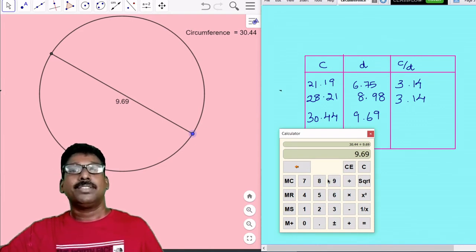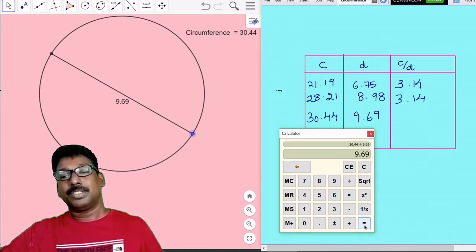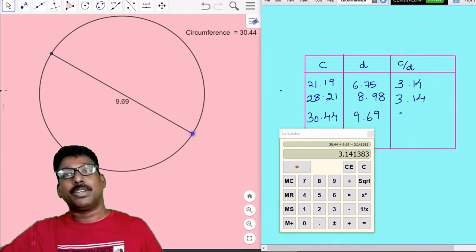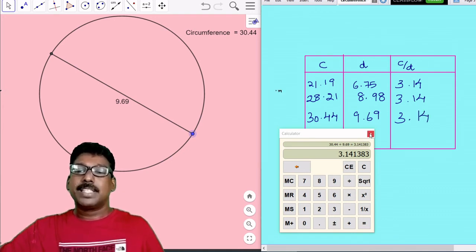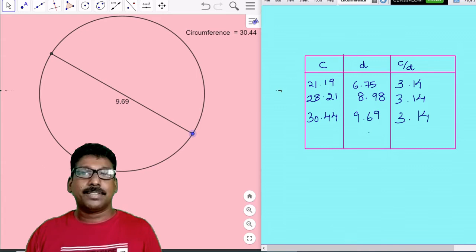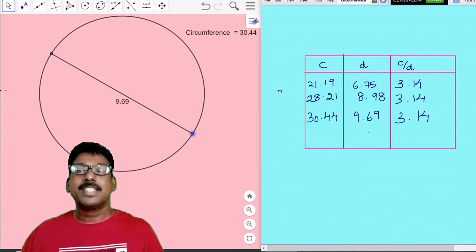What will you get? Yes, again 3.141383, or correct to 2 places of decimal you can write it as 3.14. That means in all the cases you are getting the same answer.